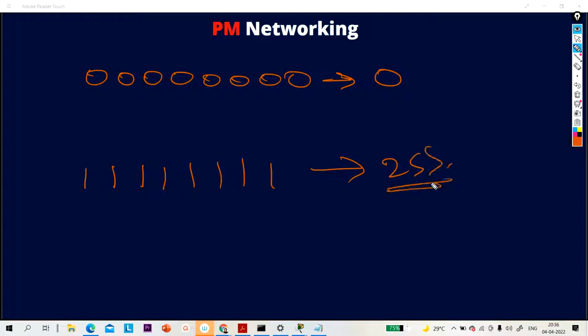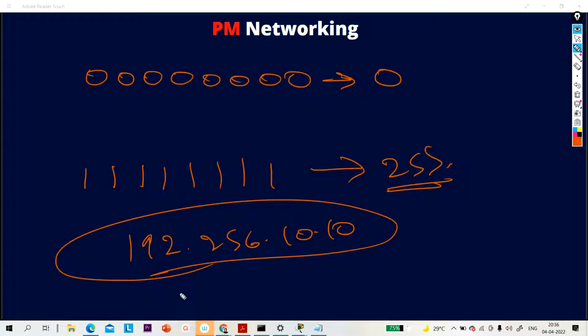So guys, I am writing one IP address, 192.256.10.10. Is it a valid IP address? No. Why? The second octet is not valid. It has a range from 0 to 255.